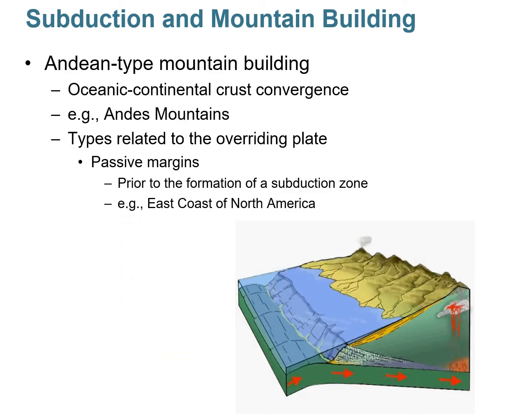And if this occurs over millions and millions of years, this leads to Andean-type mountain building. This is where you have ocean and continental crust converging. So you see here, this is the subducting ocean lithosphere being taken down, and melts are generated. This thickens and may erupt at the surface.